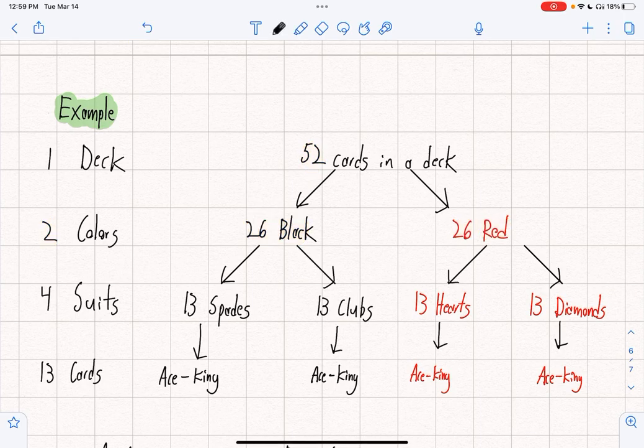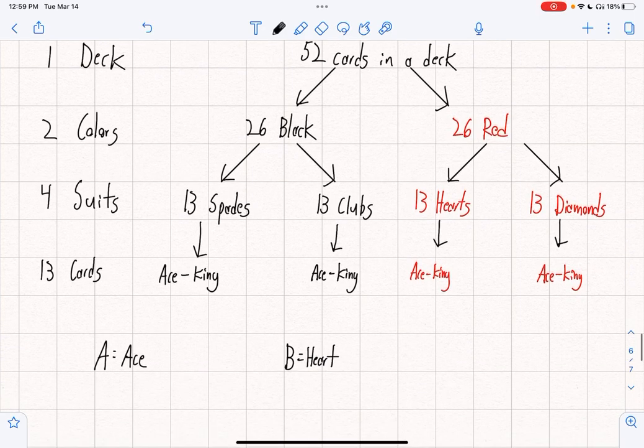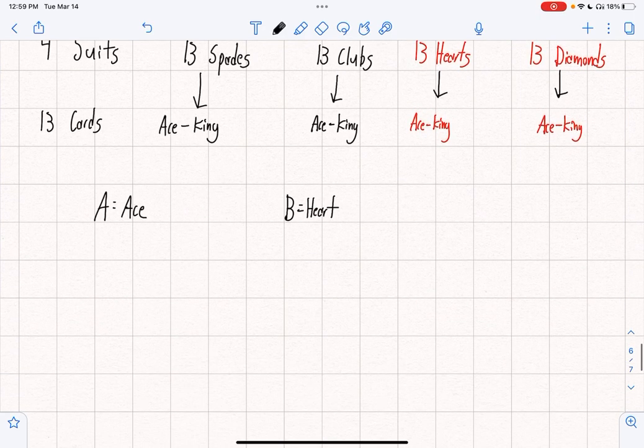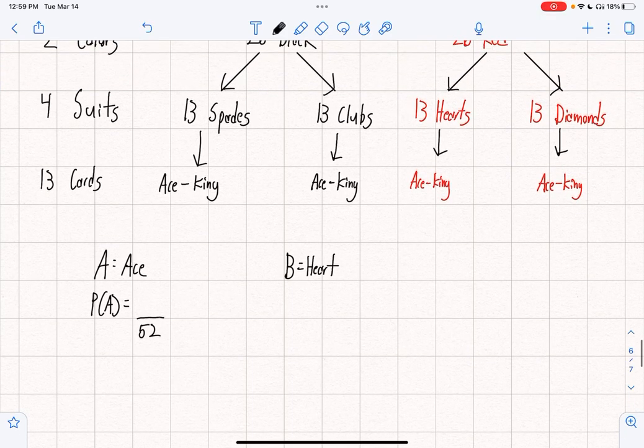Okay, so I've defined two different events here. The first is that event A is an ace, and event B is a heart. So let's start just like we did last time. Let's calculate these probabilities. The probability of an ace, the probability of event A. Well, there are 52 cards in the deck, and we need to know how many of them belong to ace.